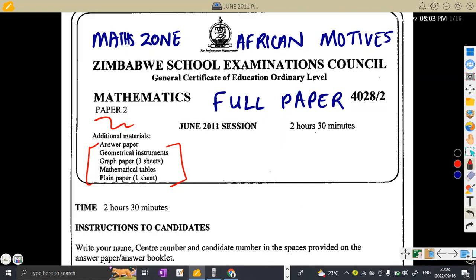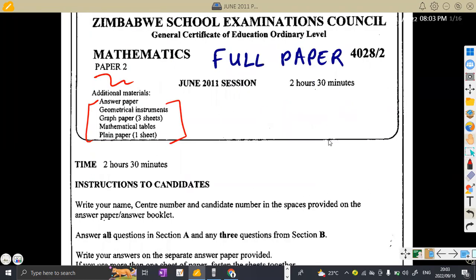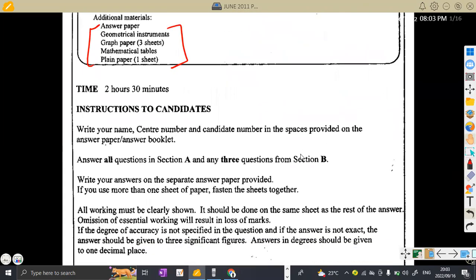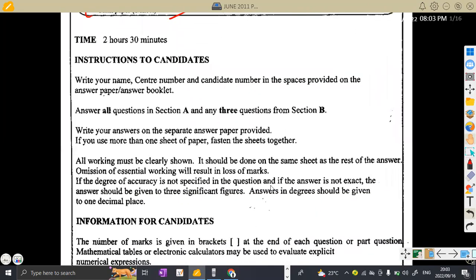Okay, then remember your instructions, guys. I always say it's very, very important that you work with the instructions that you're given. From the instructions to candidates, all working must be clearly shown. It should be done on the same sheet as the rest of the question.